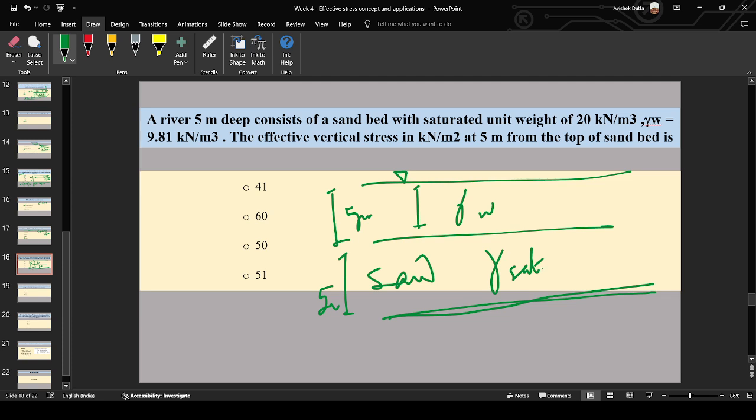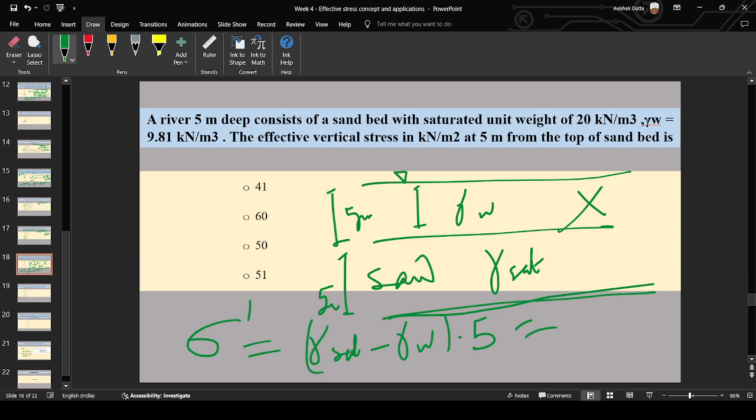So the effective stress, what shall we do? We will not be counting the top 5-meter, because there is only water, there is no soil. Here we have not mentioned anything about the capillary action. The effective stress at the base will be equal to gamma sat minus gamma W into Z, that is 5-meter.